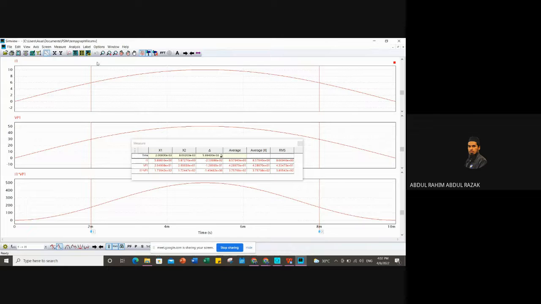Before it reaches steady state, it needs some time to stabilize. When we present, we just present the stable or steady state pattern. Baru it represents the running condition of the system. Okay. So that's among the important criteria for presenting your results.